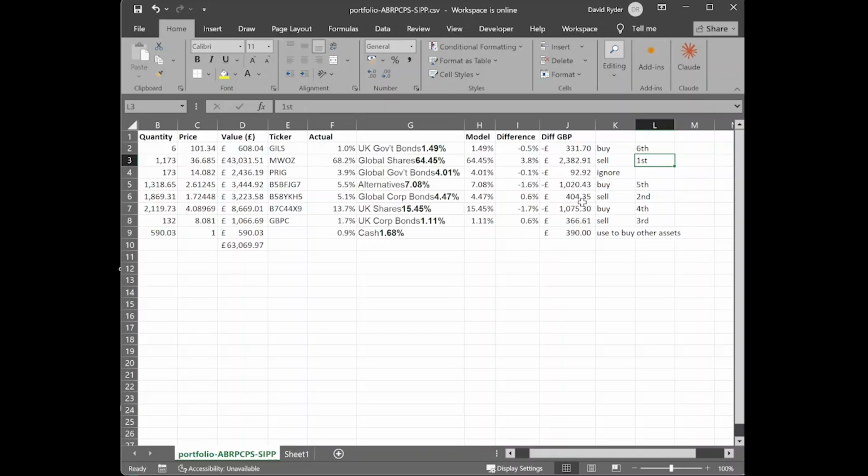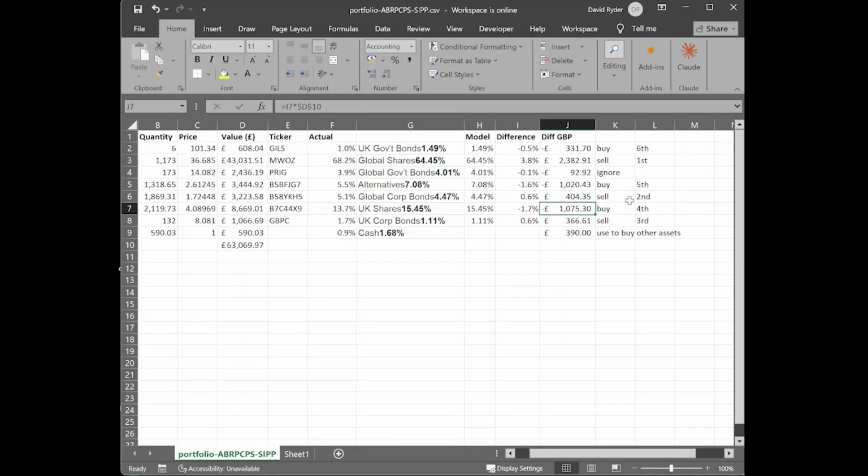It may be that by the time I get to these, it might cost say £350 per unit to sell, in which case I would just ignore it because it's not a big amount. It's only 0.5%. But we'll see when we get there. So that's why I will do the selling first, and then the buys will be the big buys.